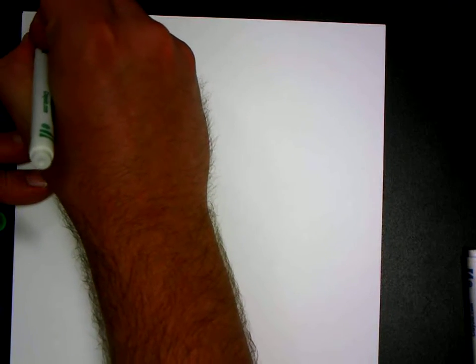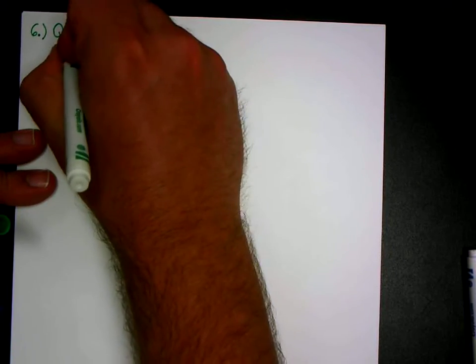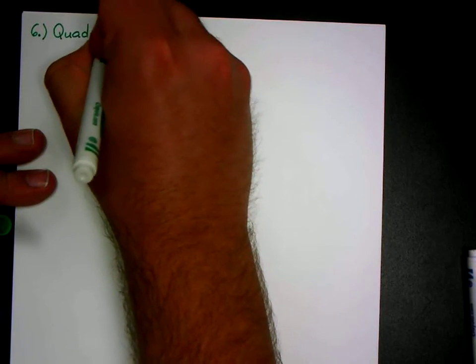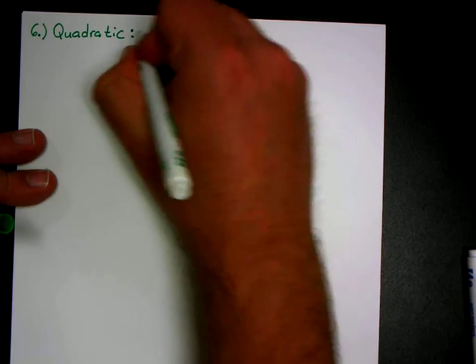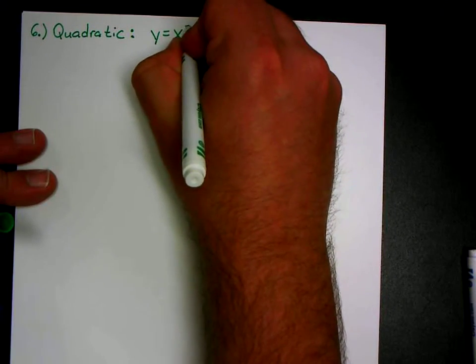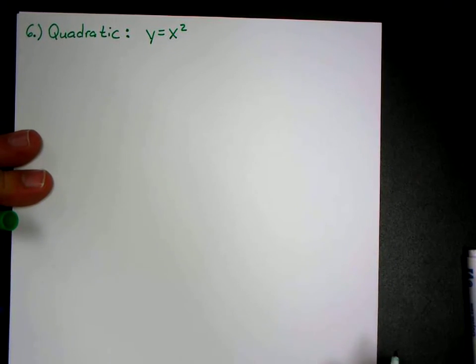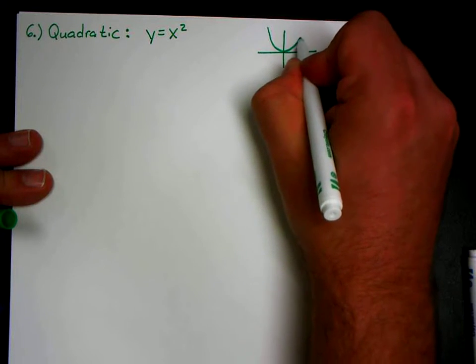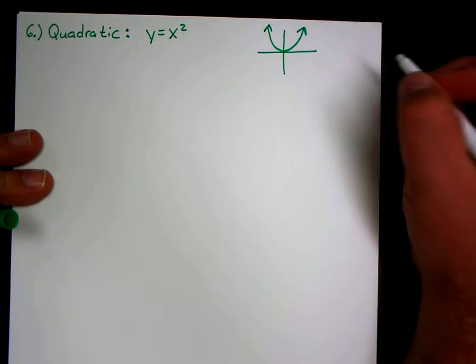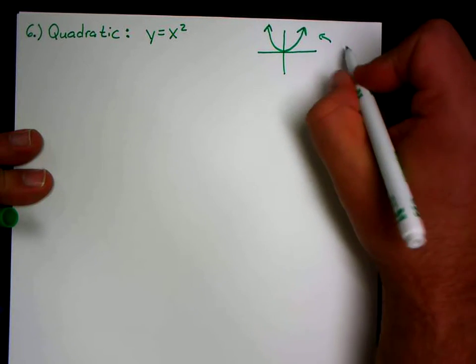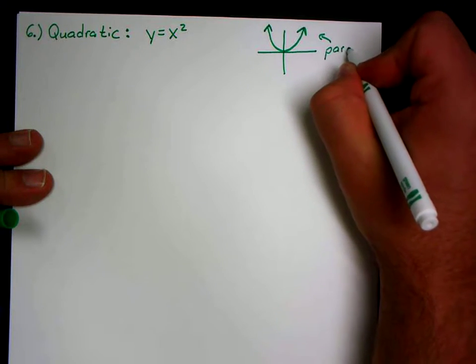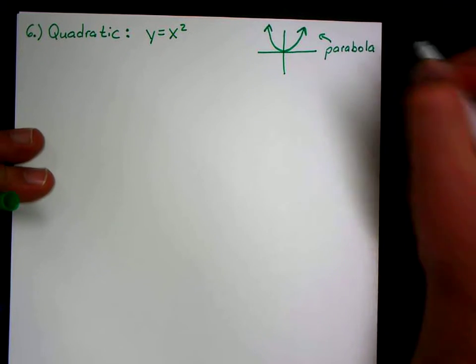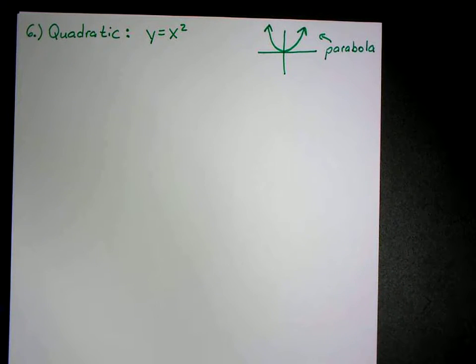Let's see, that was number 5, so number 6, quadratic. And its graph has a special name, which is a parabola.